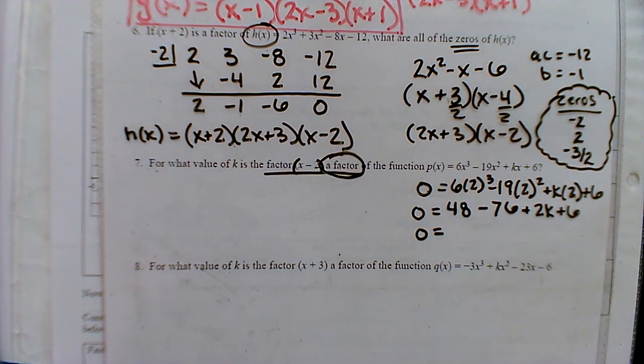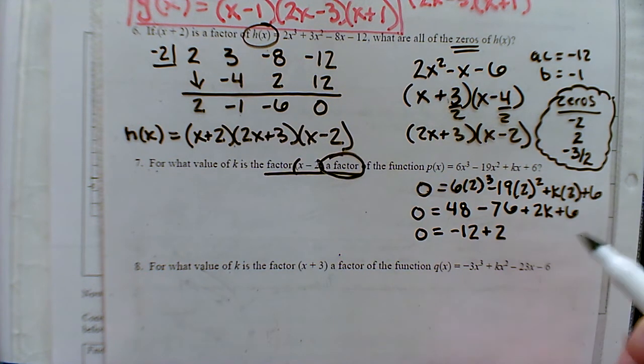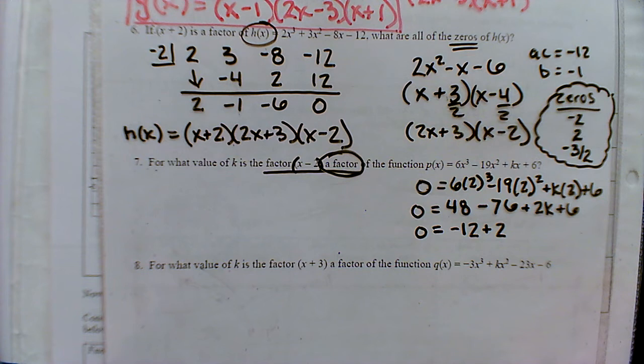So negative 70 plus 48. I think that's negative 12.